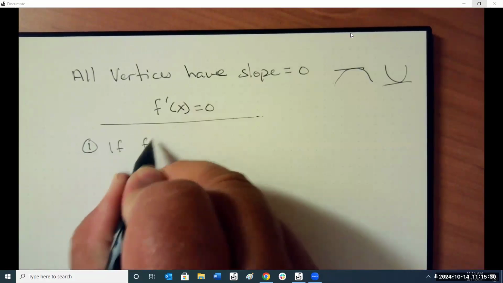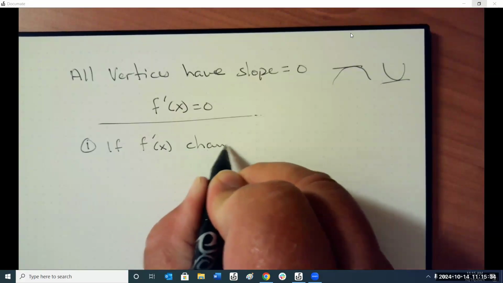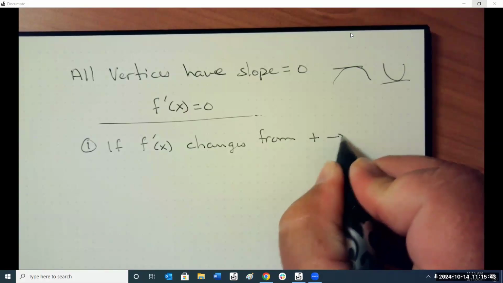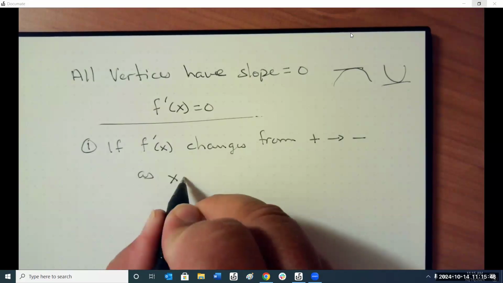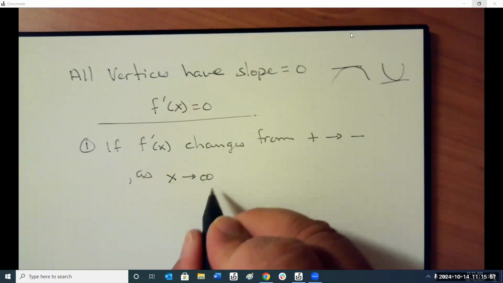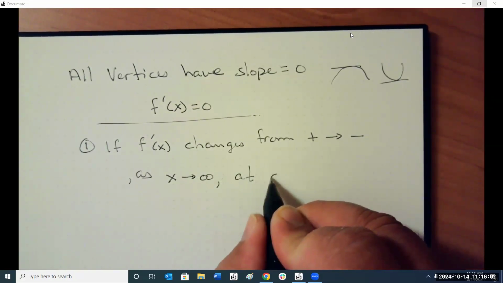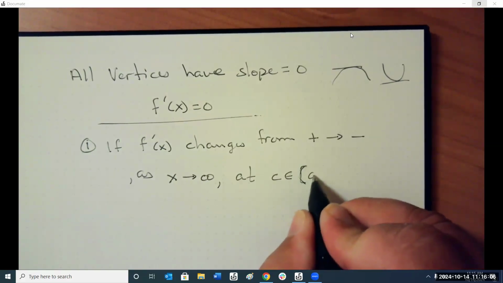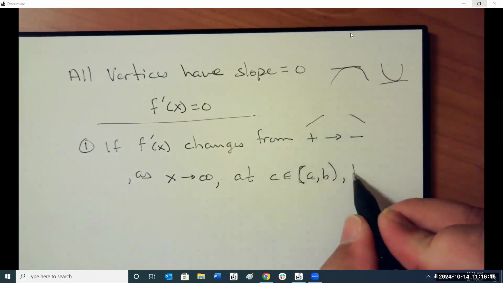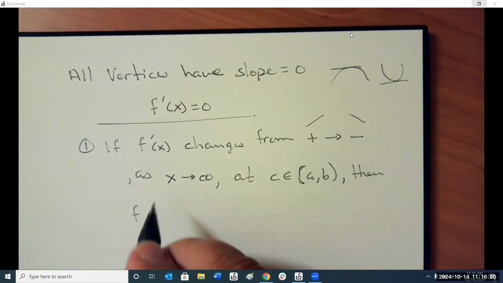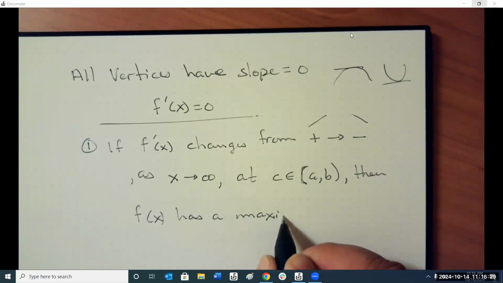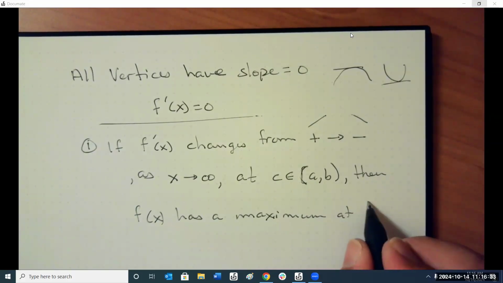If the derivative changes from positive to negative as x is going to infinity, at some point c inside the open interval, so if it changes from positive to negative, then the function has a maximum at f of c.